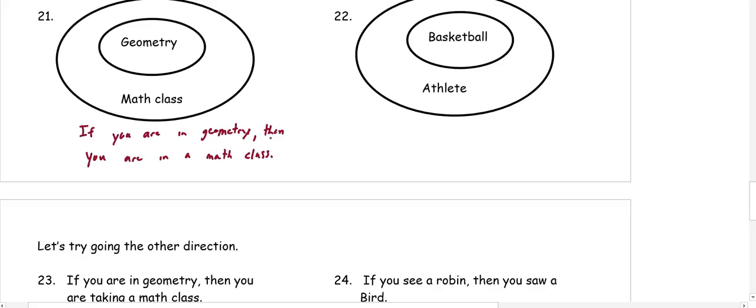Number 22, our little circle is basketball and our big circle is athlete. So in this case, remember that basketball is going to be the hypothesis, and athlete is going to be the conclusion. So if you play basketball, then you are an athlete.